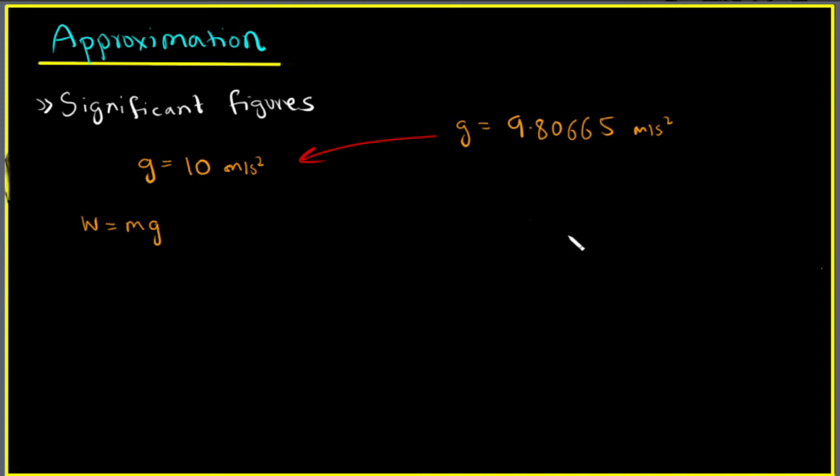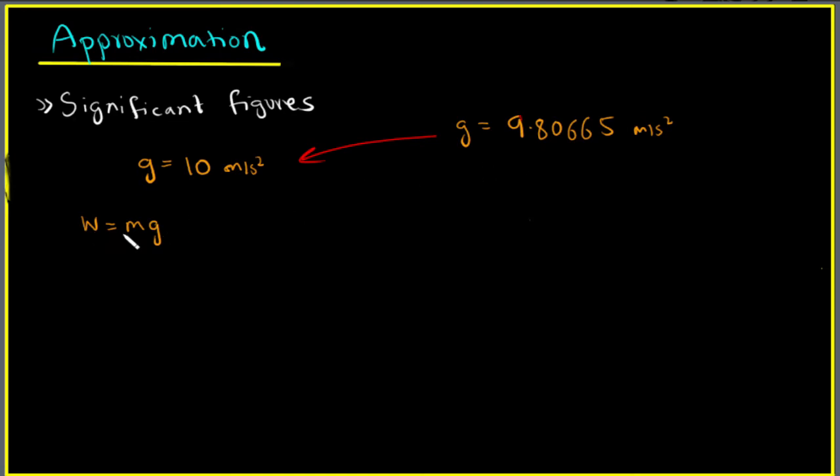Because the engineers and the scientists who are programming their spaceships and rockets are feeding this exact value into their systems so that their systems can work precisely. So if they want to, for example, calculate the weight of some component of their rocket or spacecraft, then they would be using this value of g so that they can multiply it with the mass of that and get the exact weight.